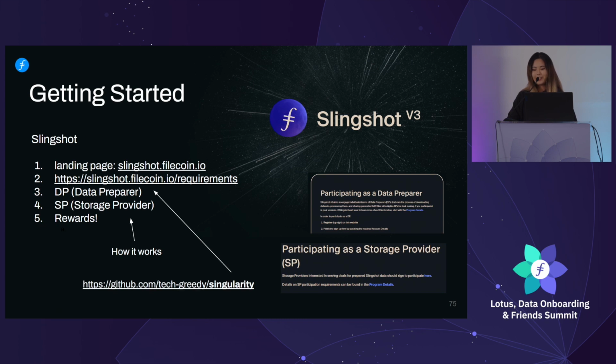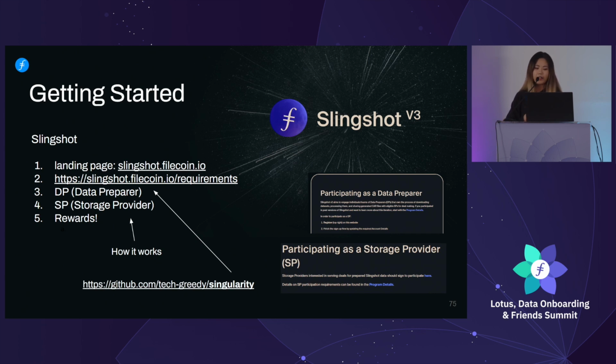So getting started, this is the landing page for Slingshot. If you choose to use Slingshot as your first thing to try, go to slingshot.filecoin.io/requirements, basically a documentation page on the first steps.